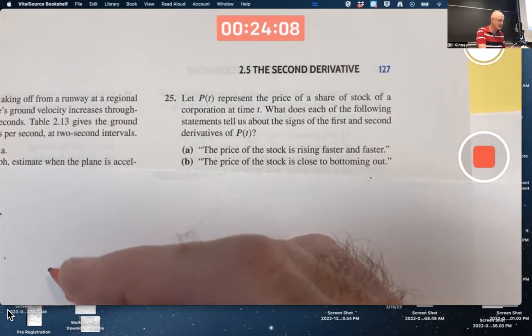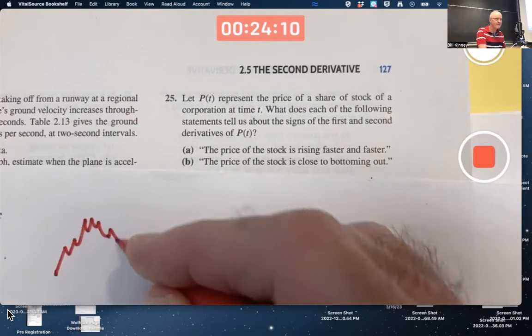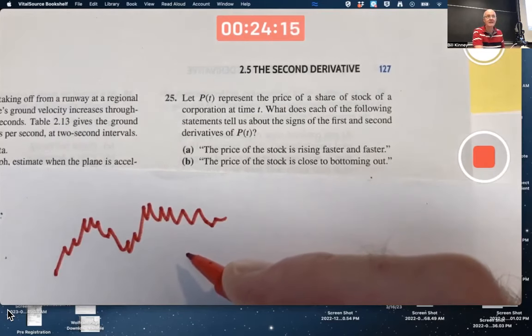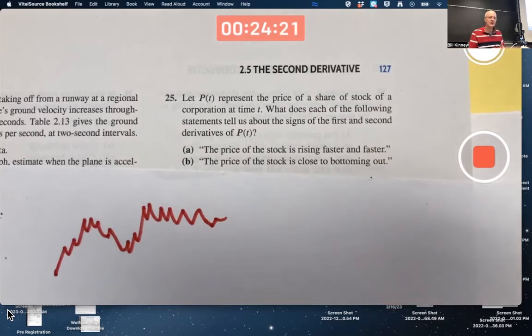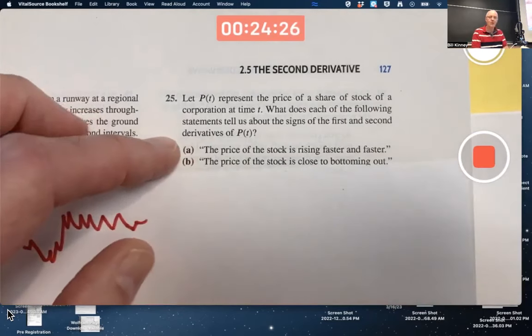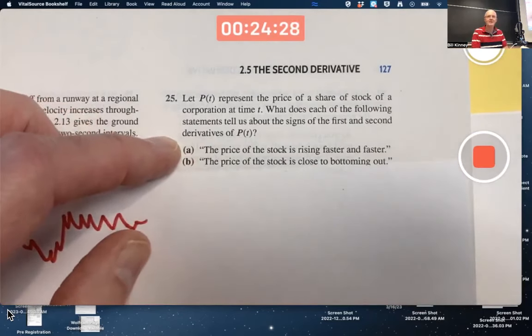Now, okay. In reality, stock prices do this kind of thing. Okay, that's what stock prices look like in reality. They're going up and down pretty much every minute of every day. But for the sake of doing the problem, we're pretending they don't. What does it mean for the price of a stock to rise faster and faster?